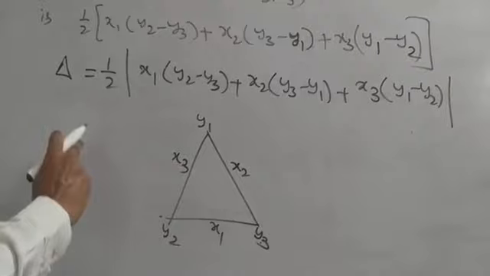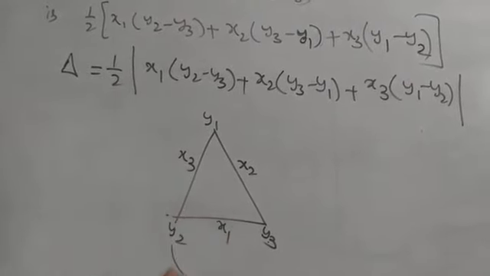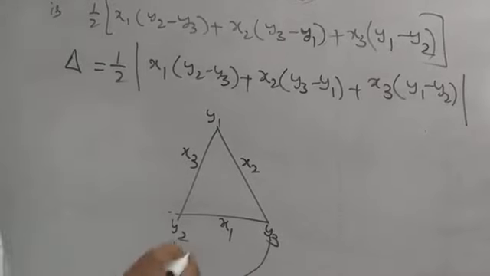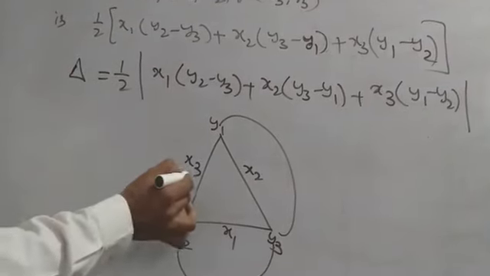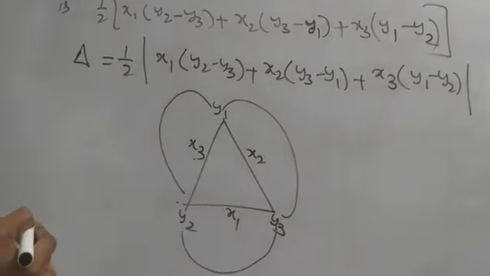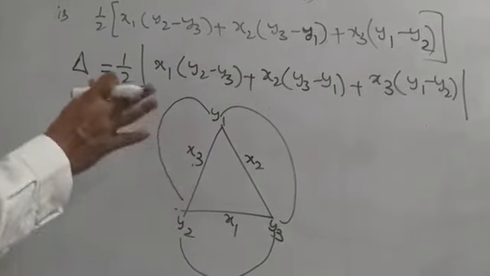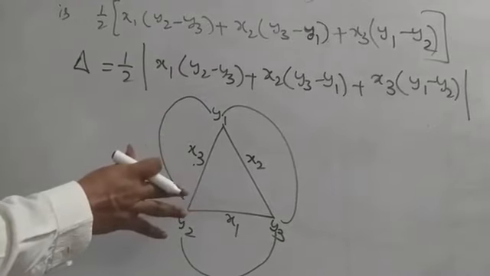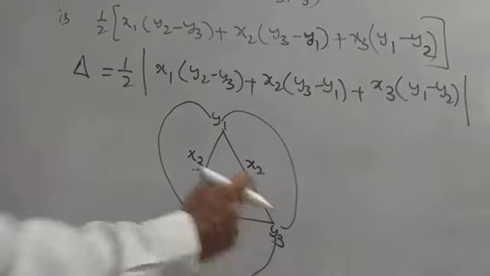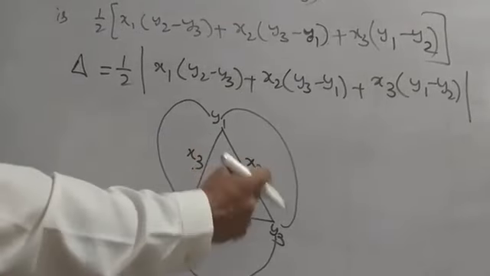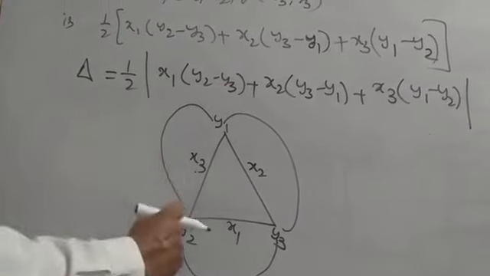Now, area of the triangle is nothing but half of x1 of y2 minus y3 plus x2 of y3 minus y1 plus x3 of y1 minus y2. So you can use it in this cyclic manner. But remember, this is not a formula, it is only a shortcut. Once again, half of x1 of y2 minus y3 plus x2 of y3 minus y1 plus x3 of y1 minus y2.